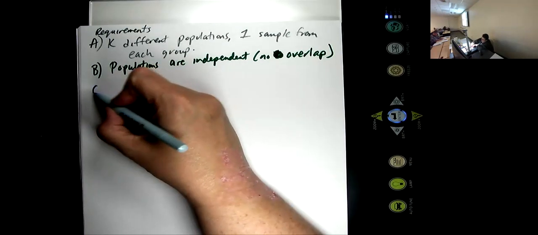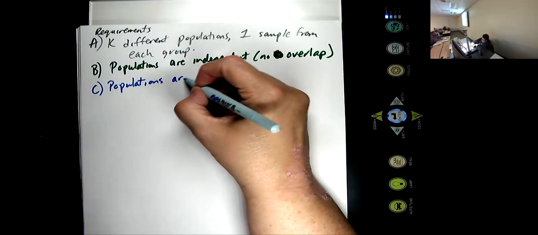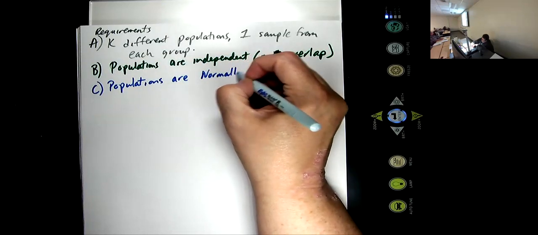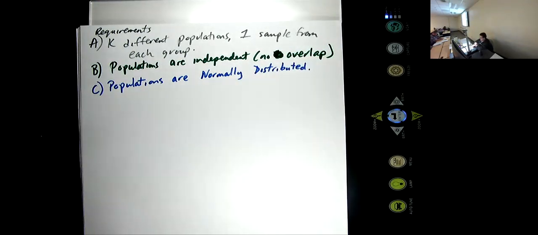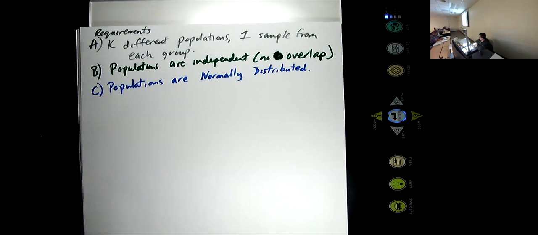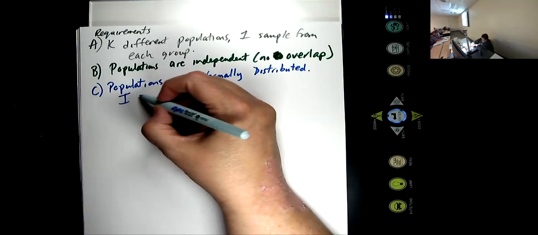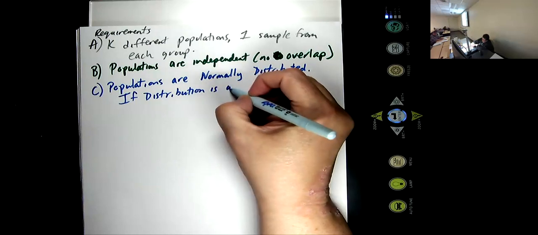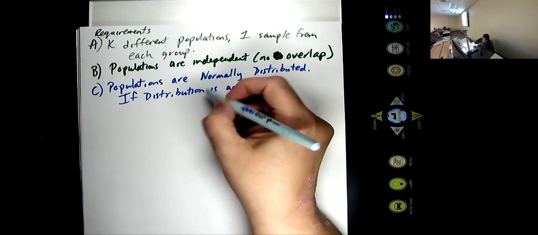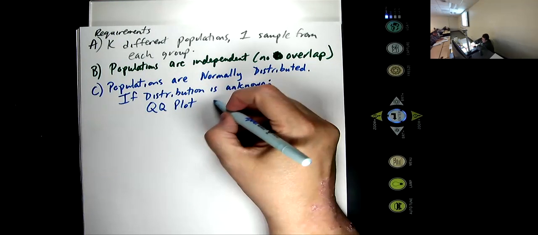Populations are normally distributed. If we don't know if the distribution is unknown, we need to check our good old QQ plot and box plot.